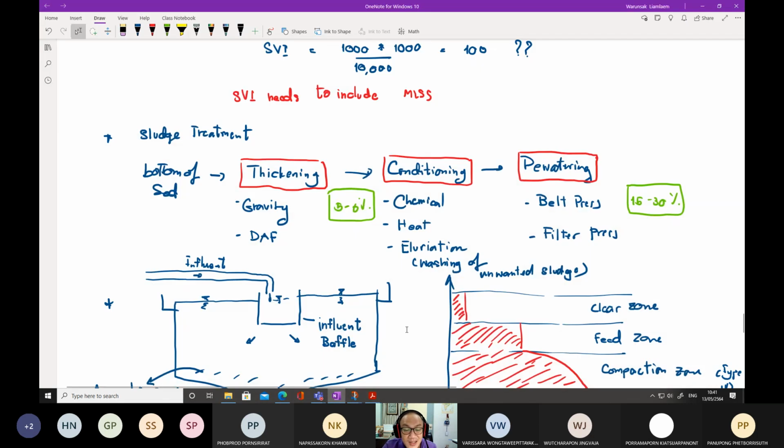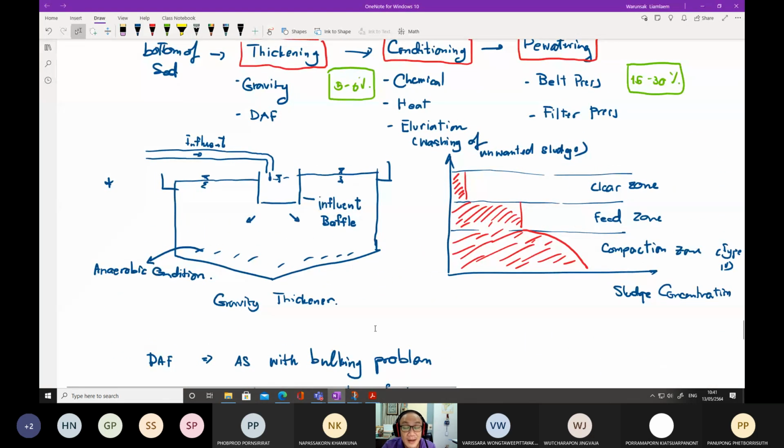If we plot the curves, it will be something like this. This is the gravity thickener. Here is the influent, and this one is the influent buffer, just to ensure that the influent will not disturb the settled materials.